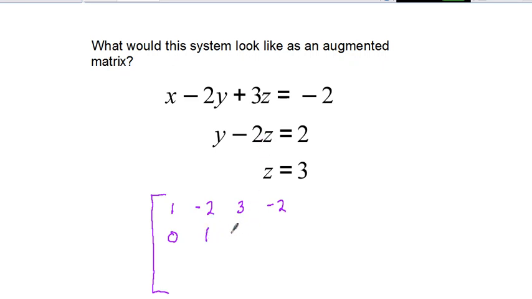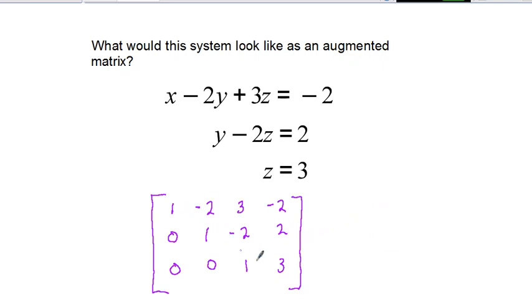Coefficient of z is negative 2 and 2. And finally, our third row, well, there's 2 zeros in there. So we end up with 0, 0, 1, 3. So there is our system represented as an augmented matrix.